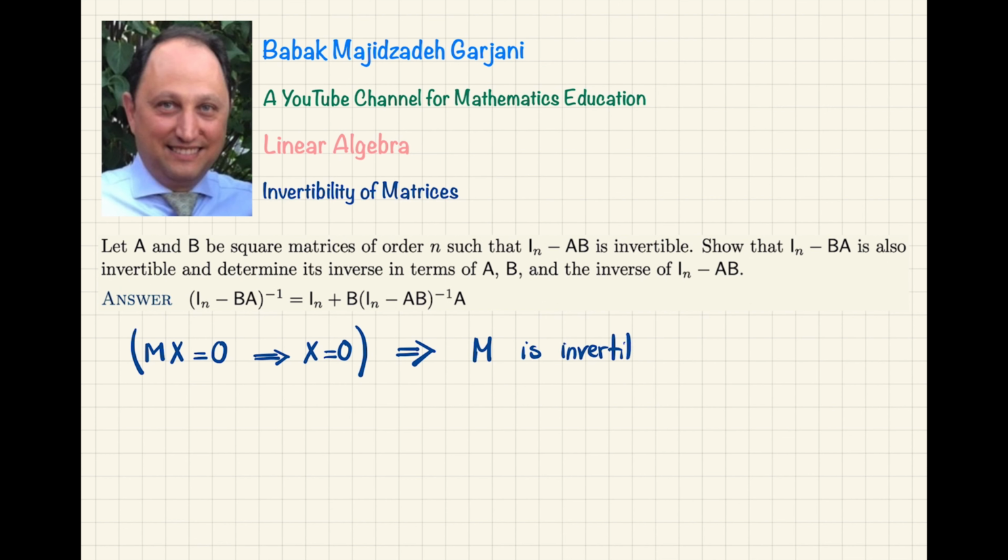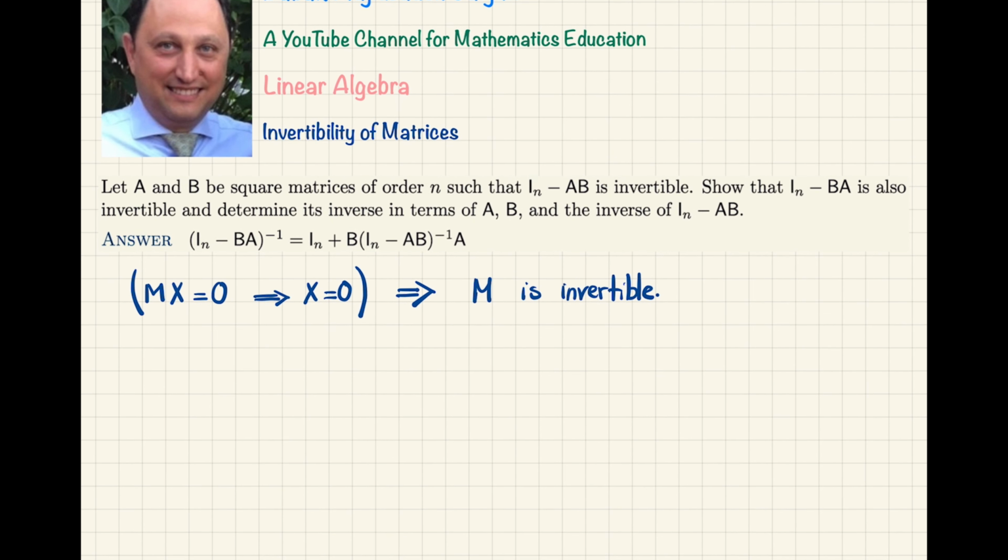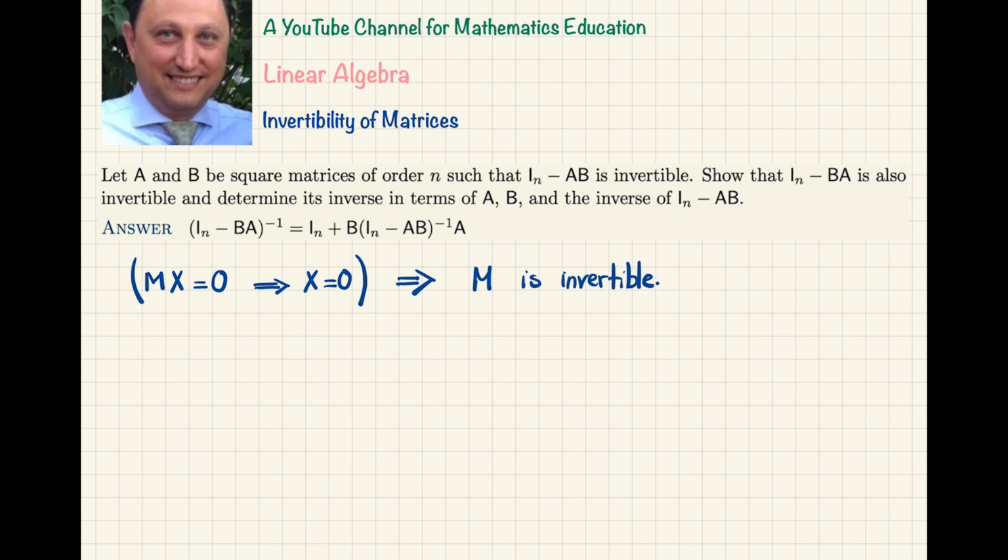So I want to use this for solving this problem. Okay. Now I want to show that this matrix is invertible. According to this criterion, what can I do? I can apply this matrix on a column matrix, call it X, equal to 0, and ask myself, can I conclude that X is equal to 0?